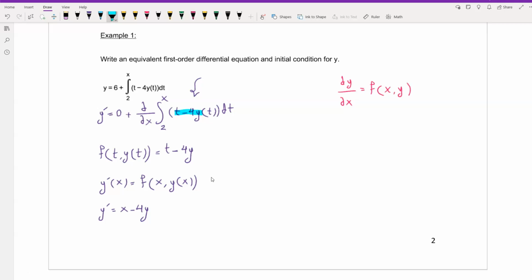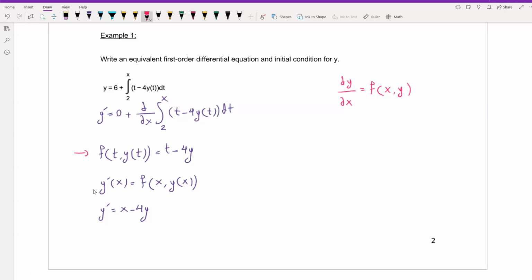Therefore y prime is f of x comma y(x). So based on what we have here, y prime is equal to x minus 4y.